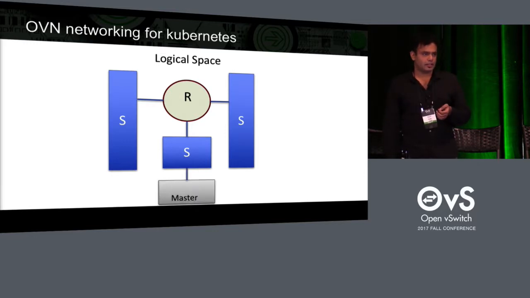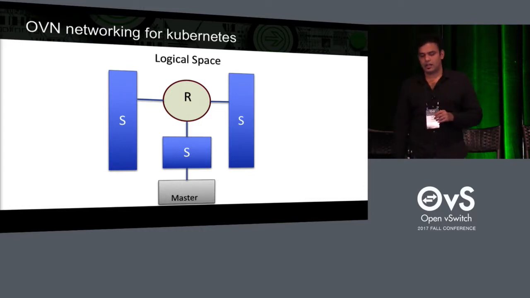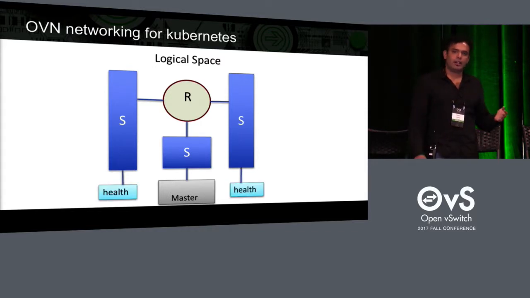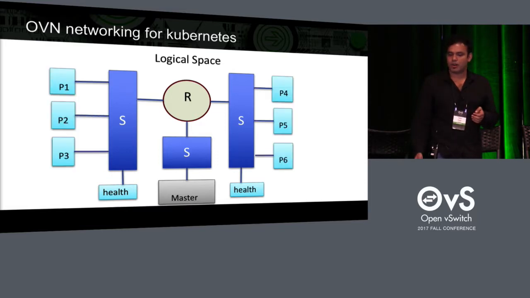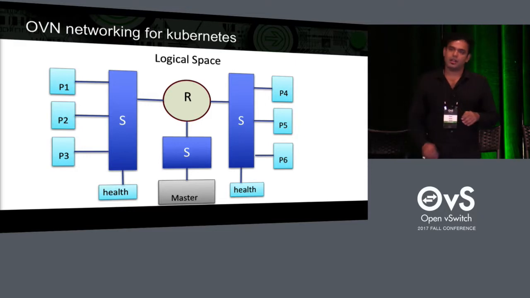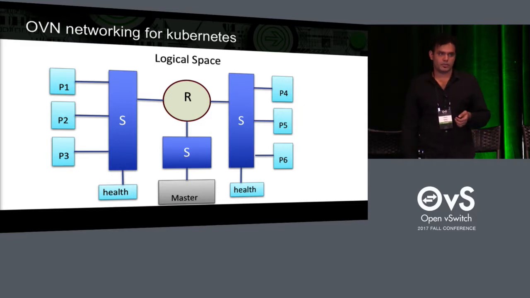In the case of the master, the master gets attached to one of the logical switches, so that the master can now speak to the whole cluster. We have health check interfaces in the virtual topology too, so that the daemons can health check whoever is in the logical switch. And when Kubernetes starts scheduling the pods, they just get attached to the logical switches on that host. So now, all the pods can speak to all the other pods. They can speak to the master node, and health checking is possible. So this takes care of east-west connectivity.